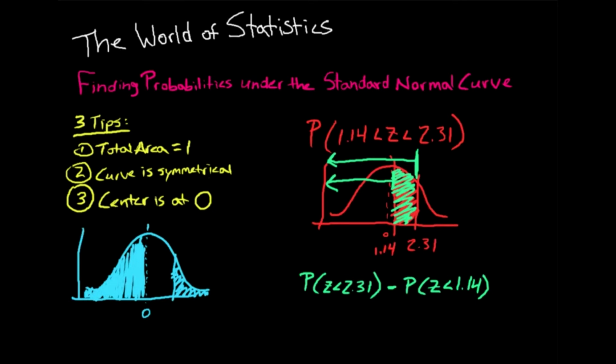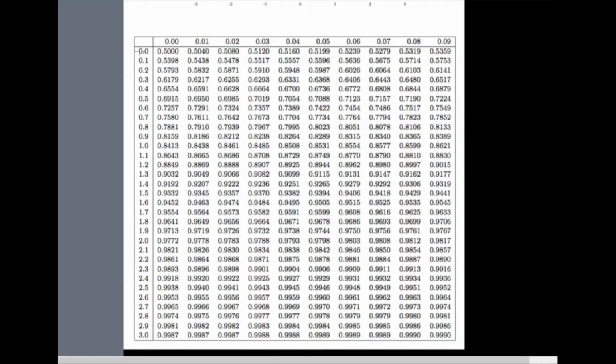So let's go to the tables and find 2.31 and 1.14. So for the first value, we have 2.31. So we're going to go down to 2.3, go over to 0.01, and we end up with 0.9896.